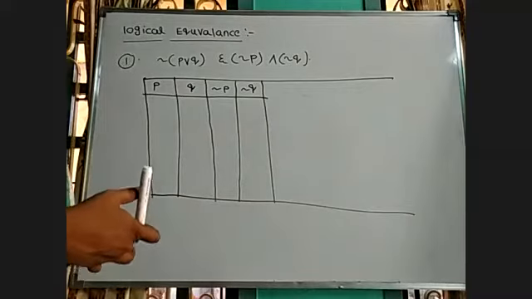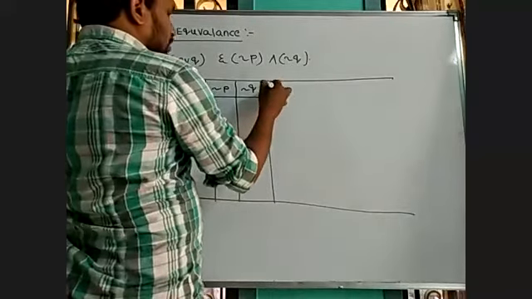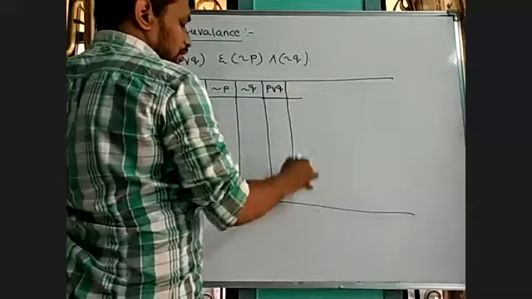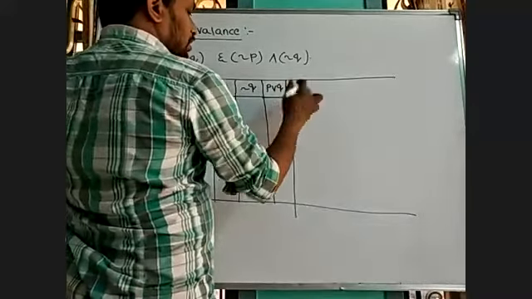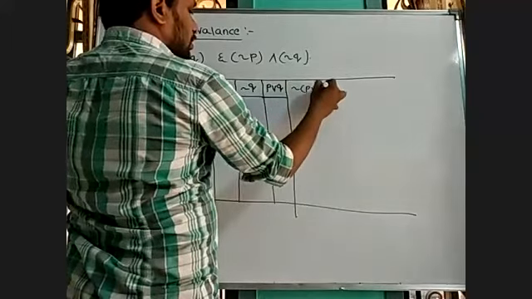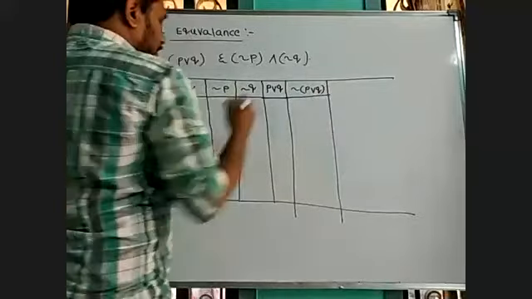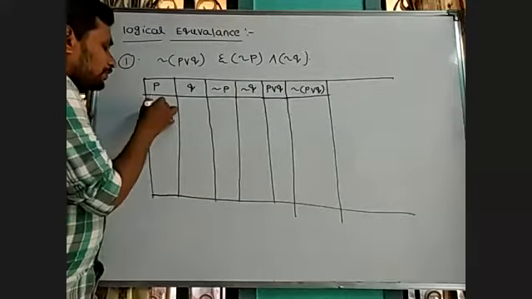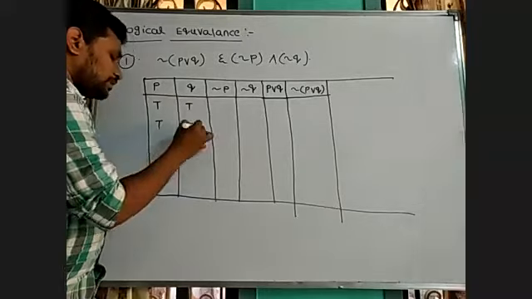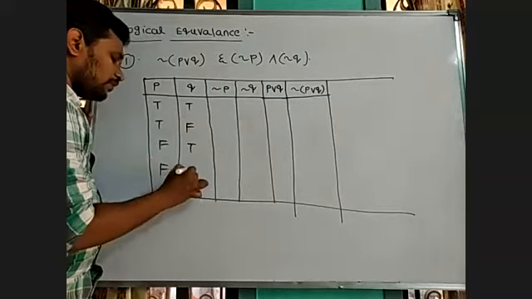Next, see there. First, P and negation of P. Up to here, P means we take true, true, false, false, true, false, false.